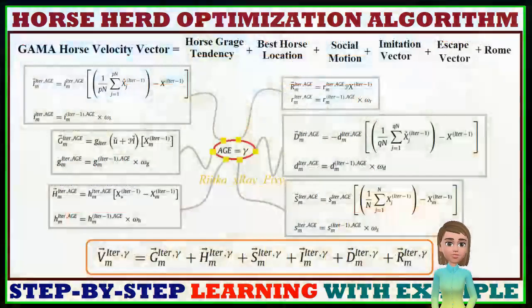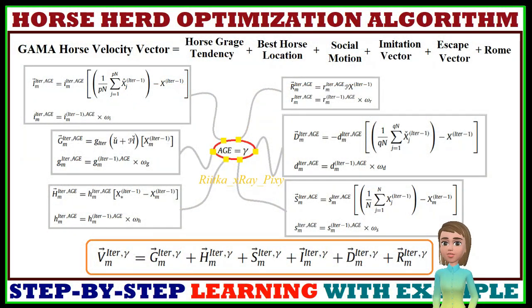Next you can see the velocity vector for the gamma horse, how we can calculate the velocity for the gamma horse. So this is the velocity vector for the gamma horse, that is the horse grazing tendency plus the best location, that is the hierarchy, plus the social motion and the imitation vector, escape vector, that is the defense mechanism, and roaming.